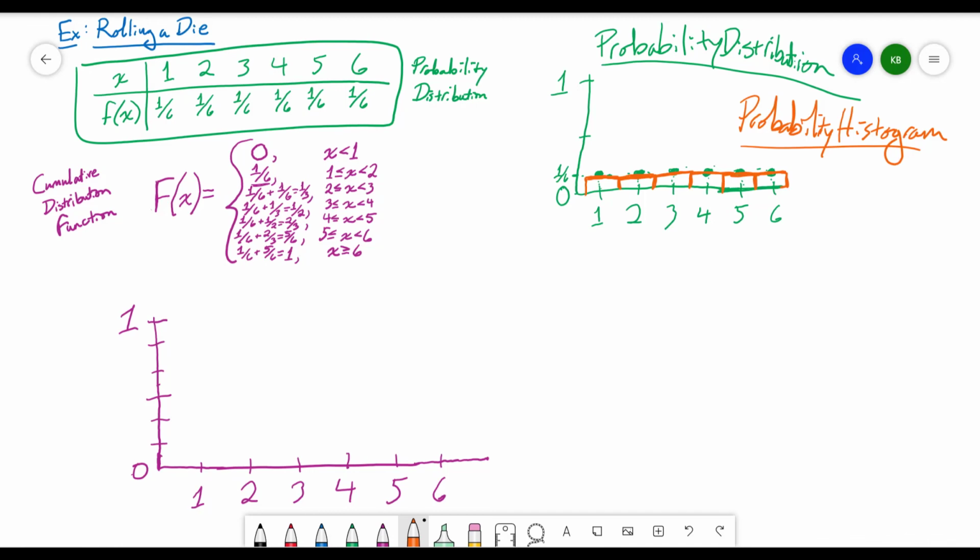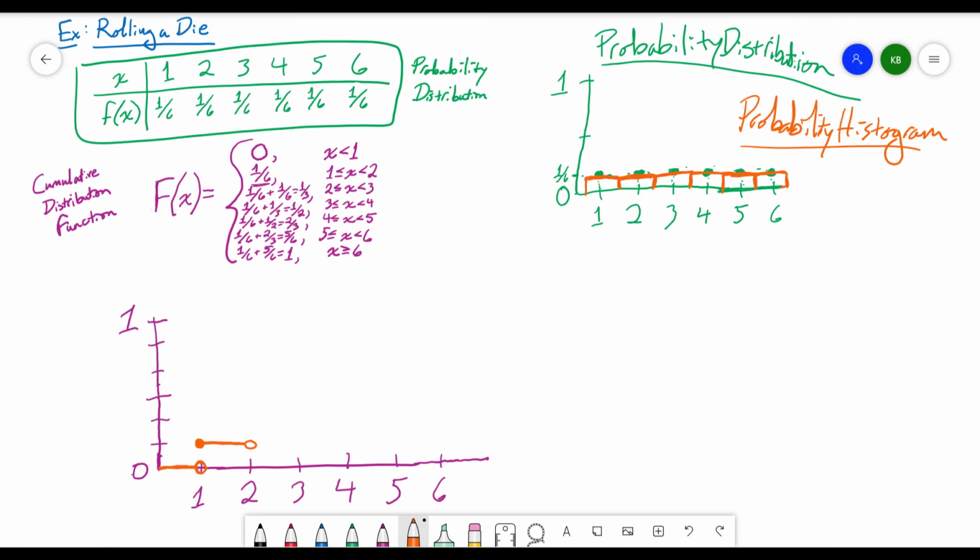So when I plot my cumulative distribution function, I know that if x is less than 1, so everything right up to 1 but not including 1, so I use an open circle at 1, then my value is 0. And now I know between 1 and 2, my cumulative distribution, 1 is included, so I put a closed circle there and an open circle at 2 because it's not.